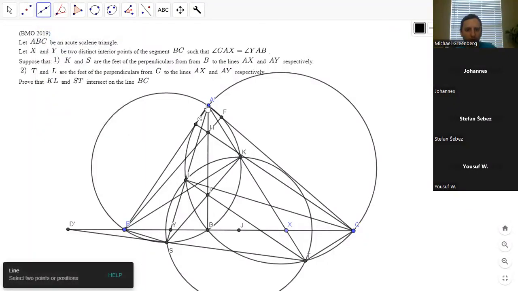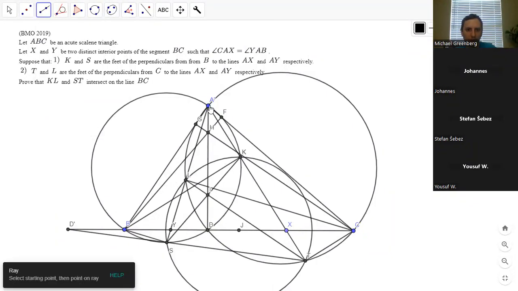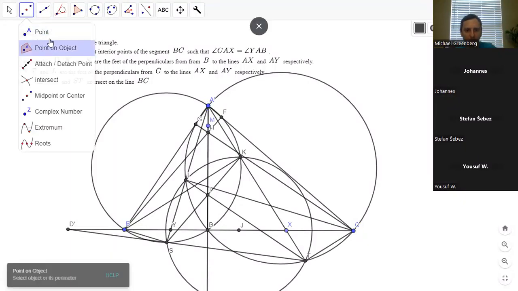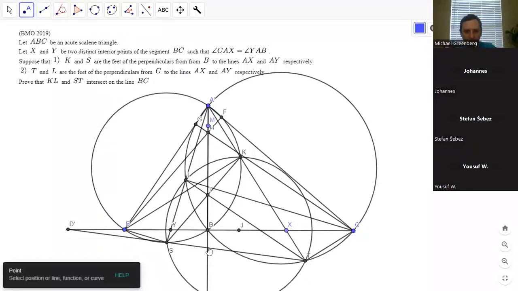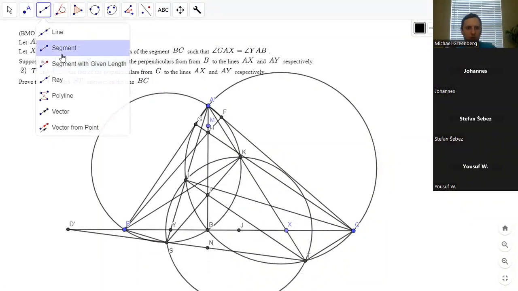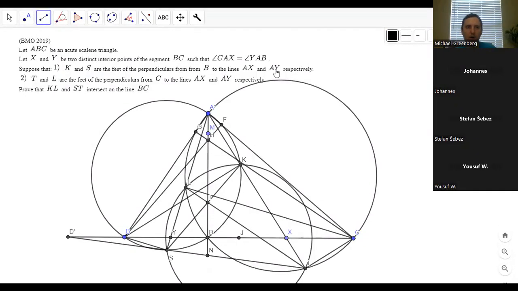So okay, I guess it's kind of the opposite. If we can show this is harmonic, it would solve the problem. Okay.